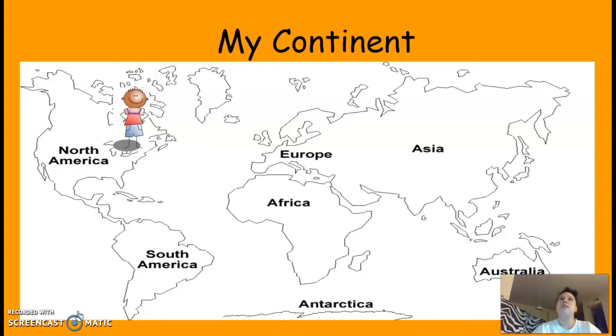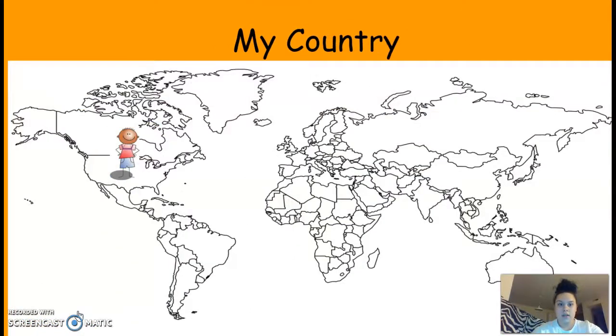Let's dive in a little deeper and let's zoom in on this map here. My country. Our country, we all share the same country, in this classroom at least. We are all present in the United States of America. So let's zoom in again, and the next thing would be our what?